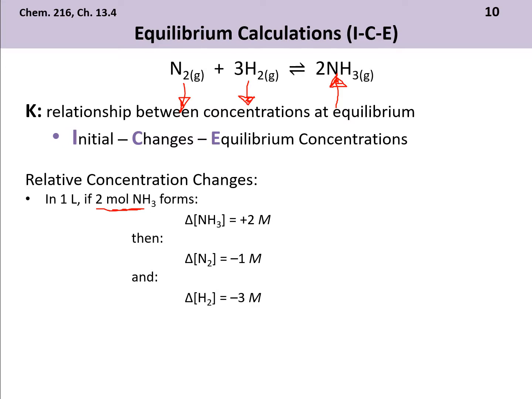That's what happens. So if I increase my amount of product, my reactants are going to decrease. And if it's plus 2 molar for the NH3, it's going to be minus 1 molar for the N2 and minus 3 molar for my H2. These are my relative changes, based on stoichiometry like we just did.